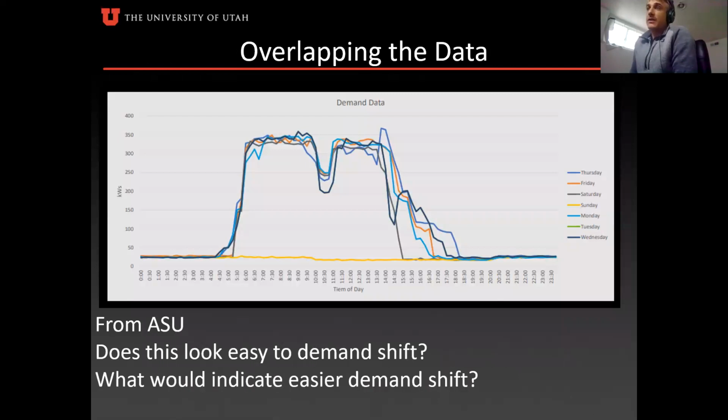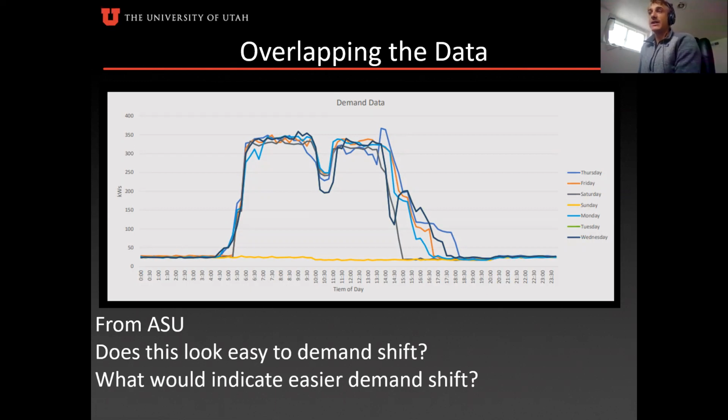One other thing you can do with the data is overlap. This is a different data set. This is from ASU's presentation on 15-minute interval data from the director's meeting this summer. But one thing you can do is overlap 15-minute power draw data for every single day of the week and see how consistent they are every single day.